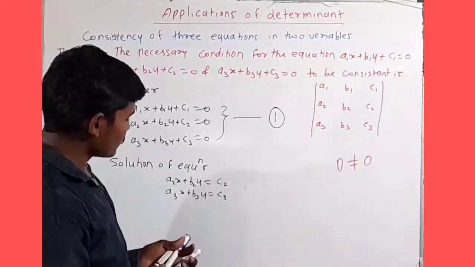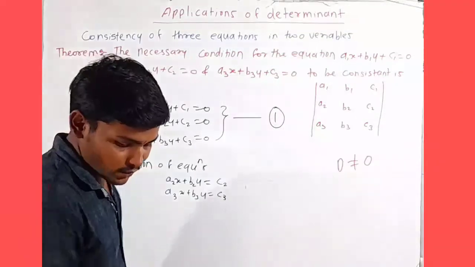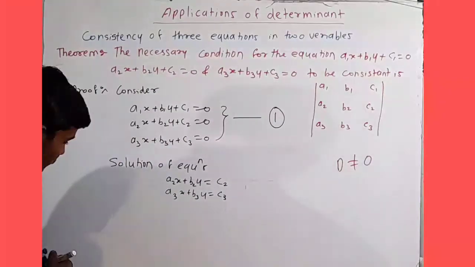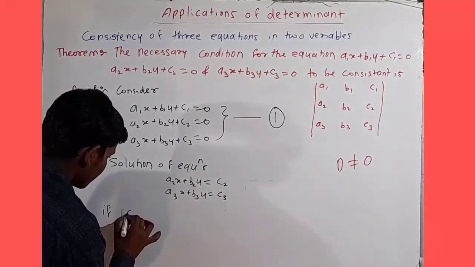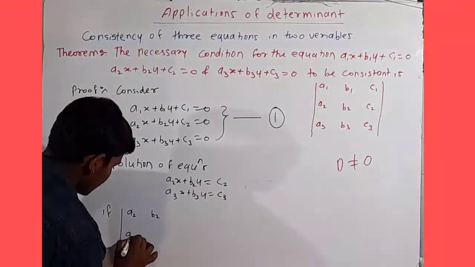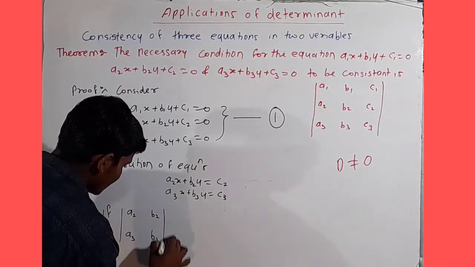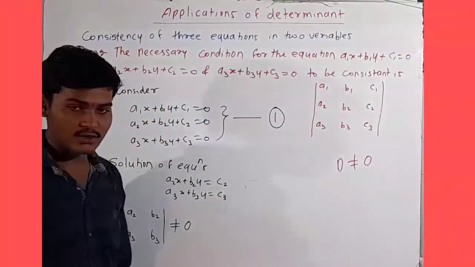And from these we have the necessary condition, that is d is not equal to 0 if the determinant with a2, b2, a3, b3 is not equal to 0.